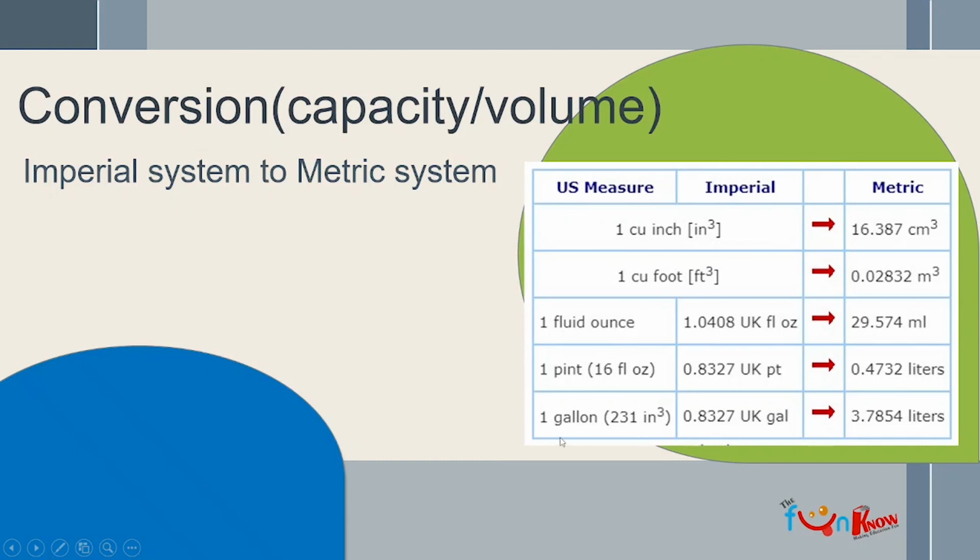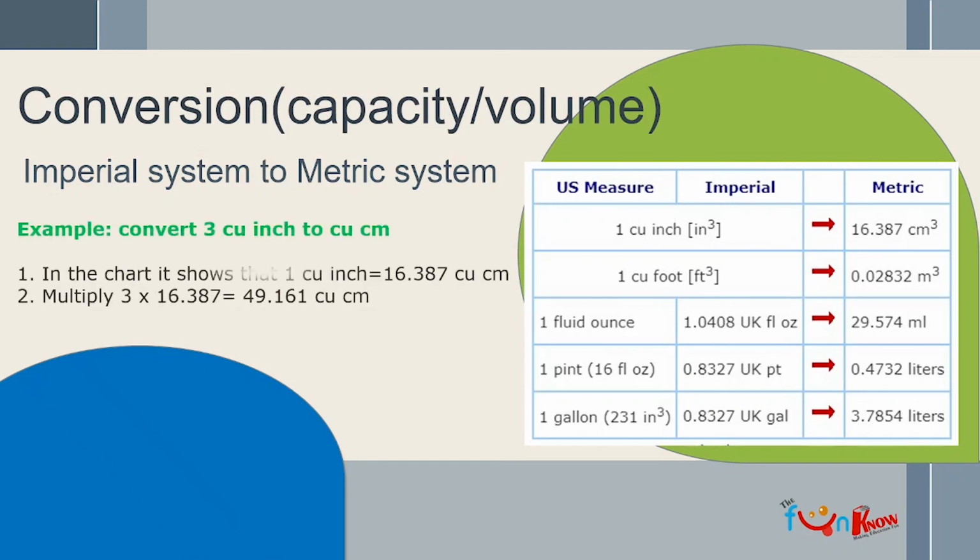Last one is 1 gallon, which is also known as 231 cubic inches. It can also be written as 3.7854 liters. So this was an explanation of the table, students, from the imperial system to the metric system of volume.